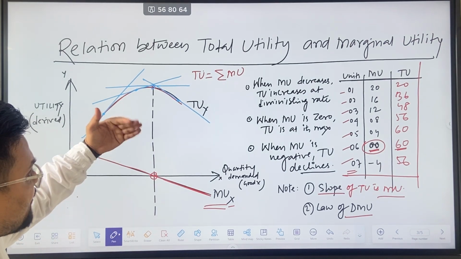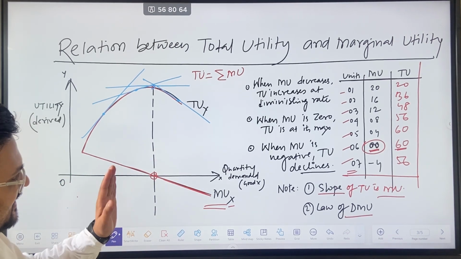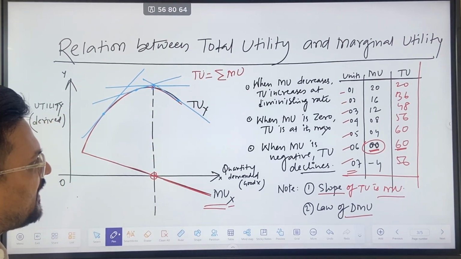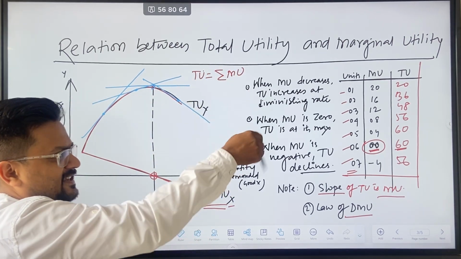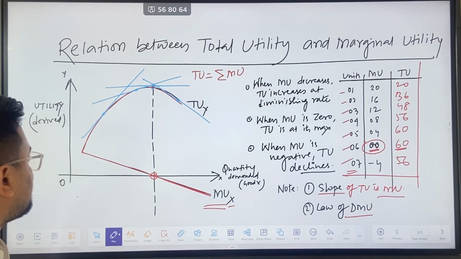So the slope of total utility is marginal utility. This is a very important point to keep in mind. Rest, you have to keep in mind the relationship between TU and MU point-wise, as well as the schedule. You should practice the schedule, right?